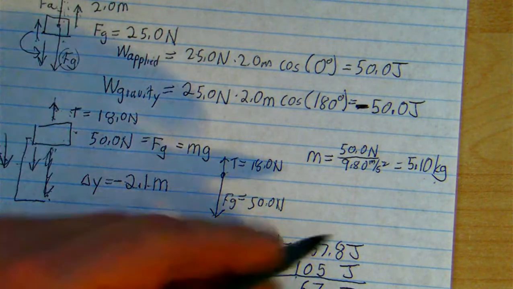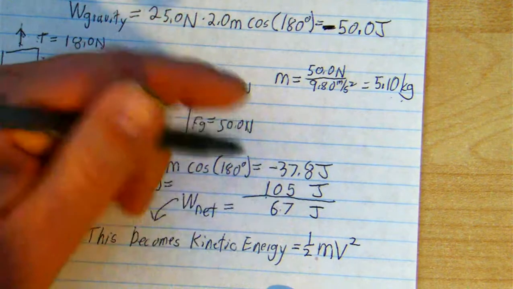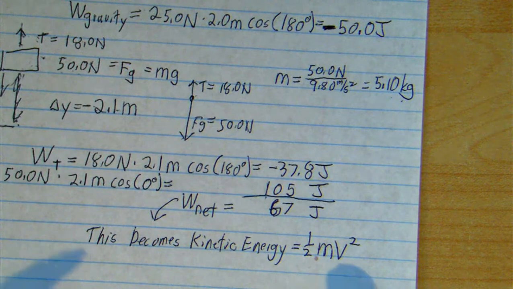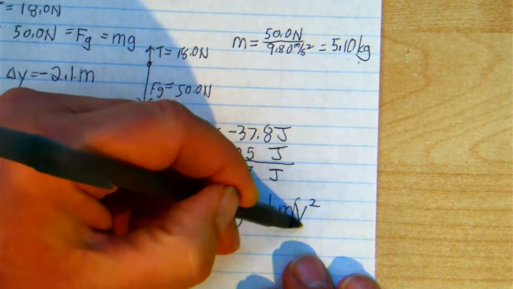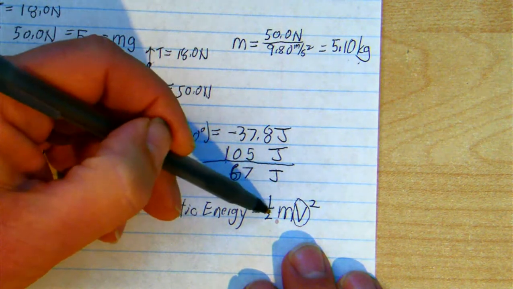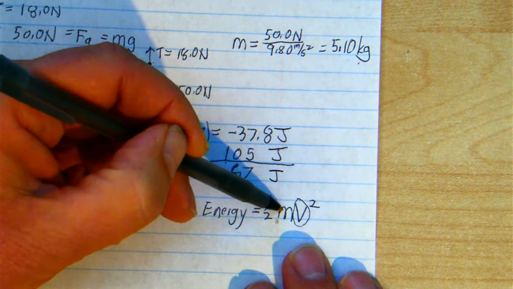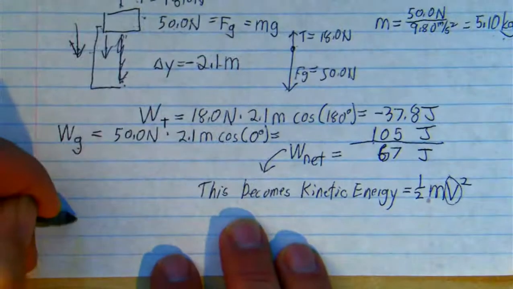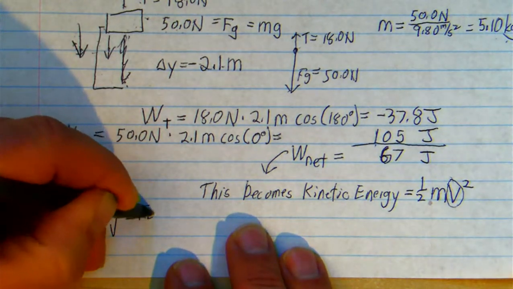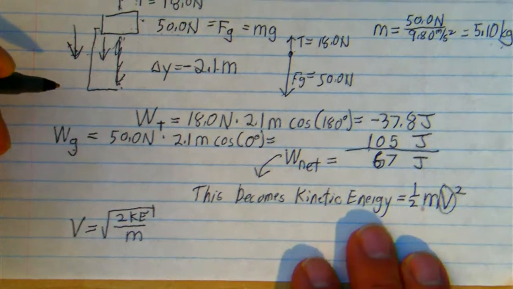It gained 67, there's no decimal point here, 67, I know it looks like a decimal and I can't erase it, 67 joules of kinetic energy. If I want to figure out how fast is it moving now, I solve for its speed by multiplying both sides by 2, dividing both sides by the mass, then taking the square root. So V would be equal to the square root of 2 times the kinetic energy divided by the mass, all underneath the radical sign.